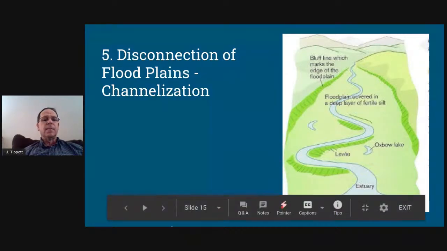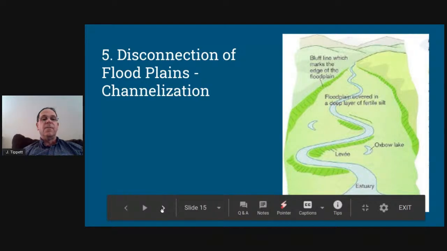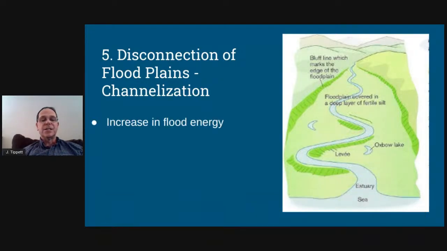But as humans are wont to do, we've gotten in the habit of straightening rivers or going in and developing on the sides of rivers and getting rid of those natural floodplains. And that has caused some real problems.